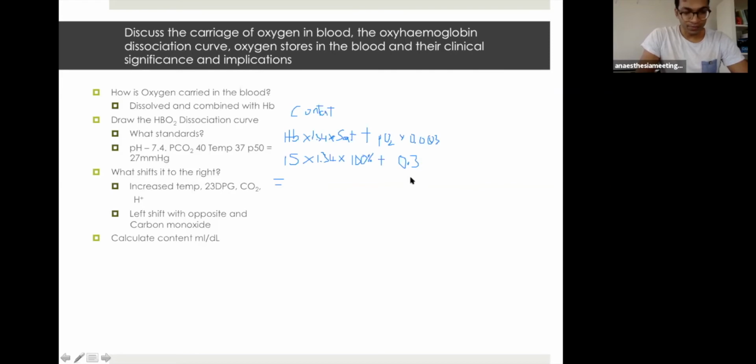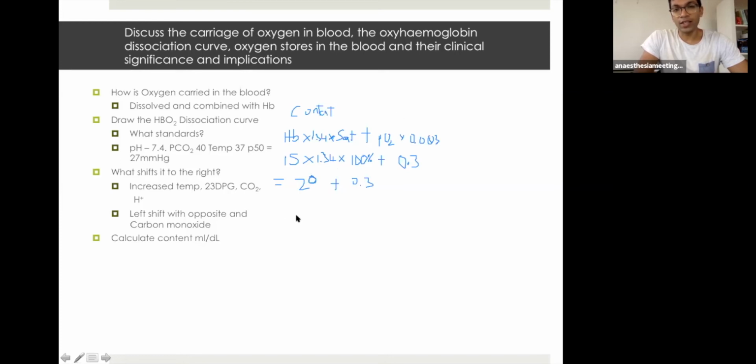So really, the dissolved portion is far less. I'm just approximating things here. Okay, so that's literally the content equation using our very specific numbers here. I haven't had time to write all the units and everything down.